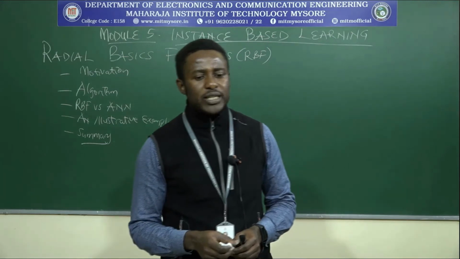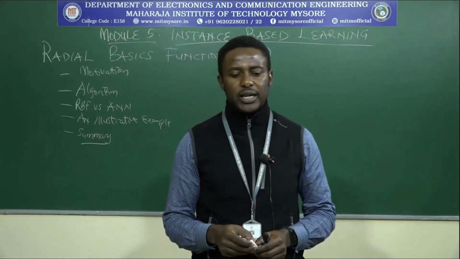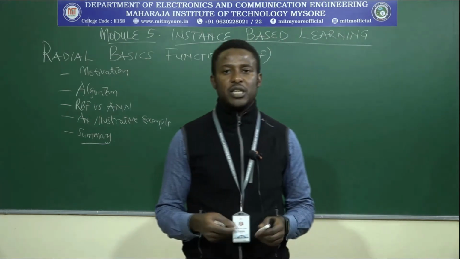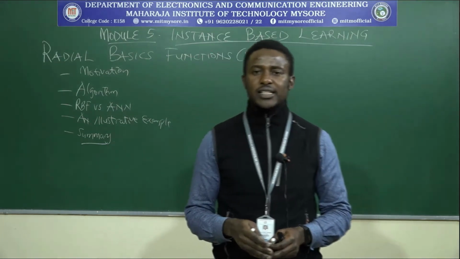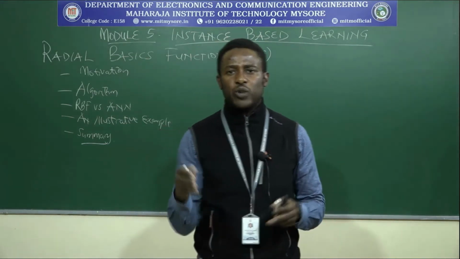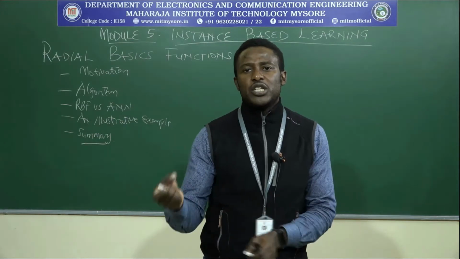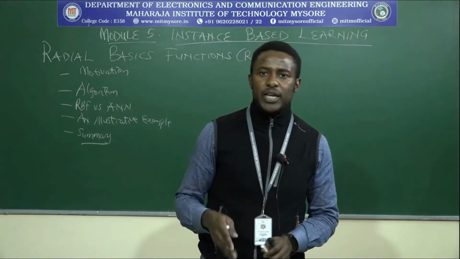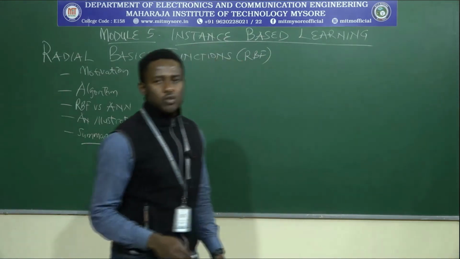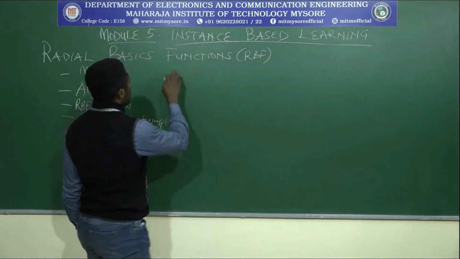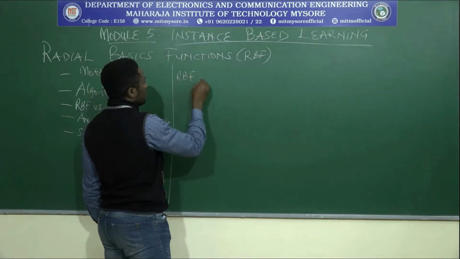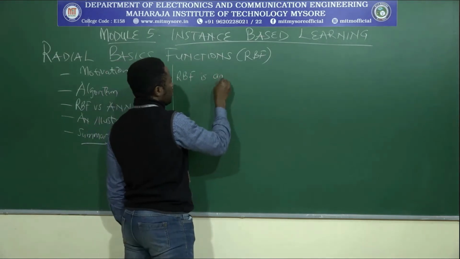In this approach, we need to come up with a learned hypothesis that is a function, say f of x, such that it takes an initial weight as input and sums over some weighted distances by using kernel functions based on the sets of instances which we give. So if you permit me to model this, RBF is an approximation function.